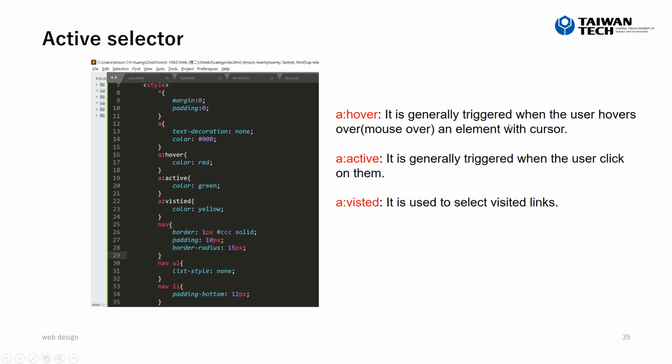Hover is generally triggered when the user hovers over an element with the cursor. Just when our cursor moves to a specific position, it will trigger a change. Active is generally triggered when the user clicks on it, just at that moment when we click. And visited is if you already clicked this link, the status will change, for example to the color yellow.